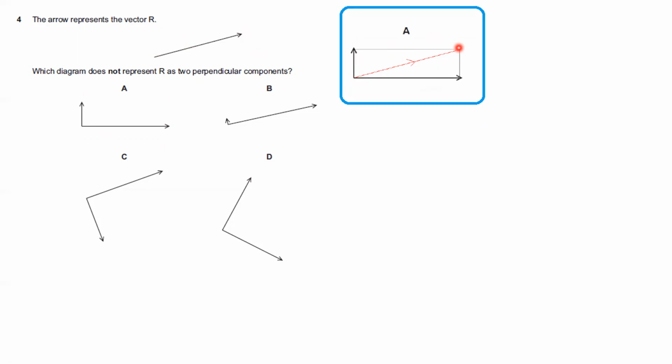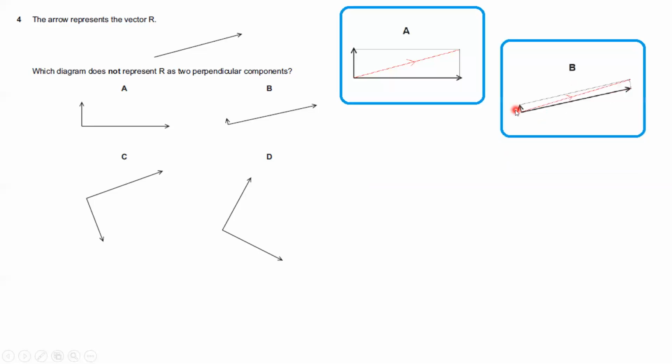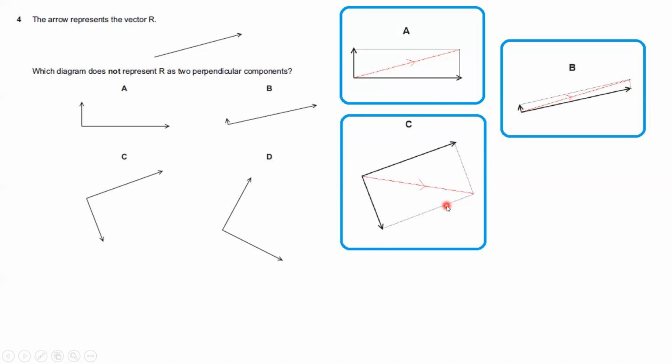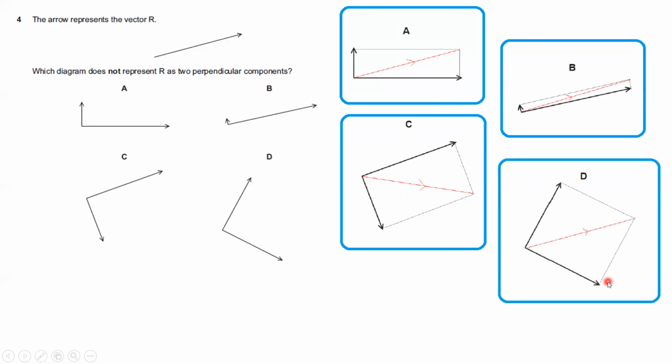Option A represents the vector R. Option B, as I complete it, the diagonal also represents the vector R. C, when I complete the parallelogram, the resultant points downwards, which is not similar to the given vector R. And when I complete D, it also completes my parallelogram where the diagonal represents the vector R. So the only option that does not represent vector R is option C.